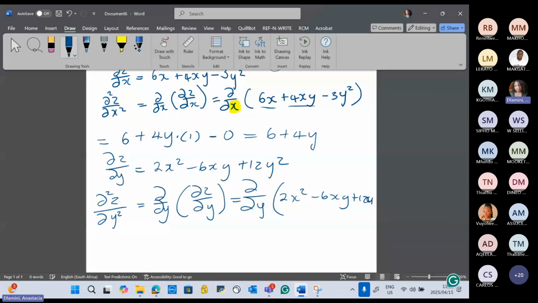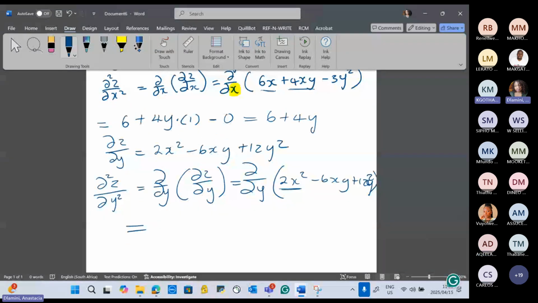So this is equal to what? Now we have got the hang of it. The first one, does it have a y? 0. Then minus 6, sorry, it's minus 6x, not minus 6y. Why is it minus 6x?